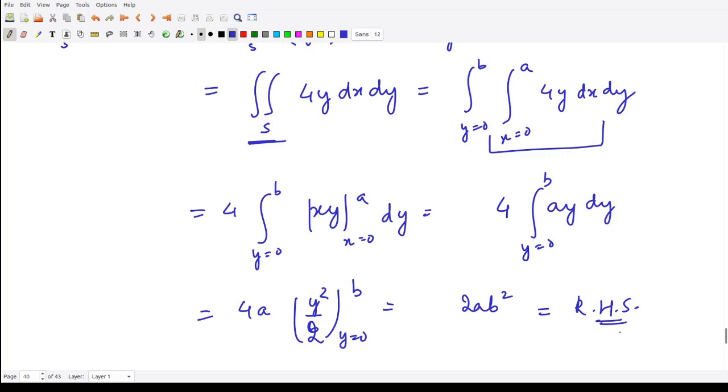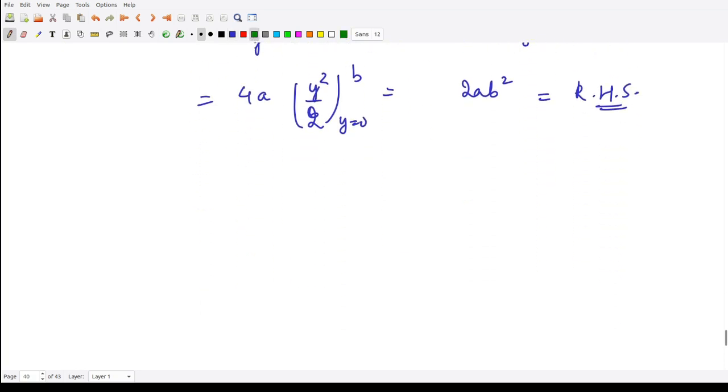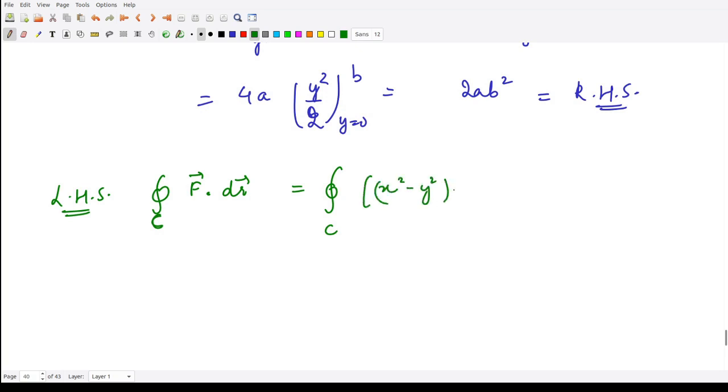Now let's solve our left hand side. For the left hand side, we are required to calculate the closed line integral over C of the vector f dot with vector dr. Now your vector f is given to be x square minus y square i cap plus 2xy j cap, dot with vector dr. If your vector r is given by x i cap plus y j cap, because we are in only the xy plane, your vector dr would be given by dx i cap plus dy j cap.